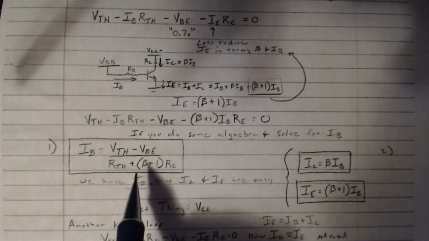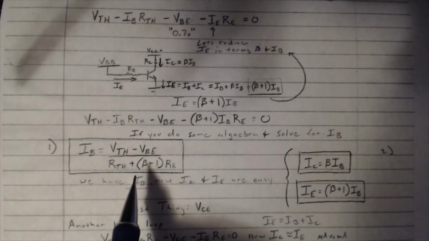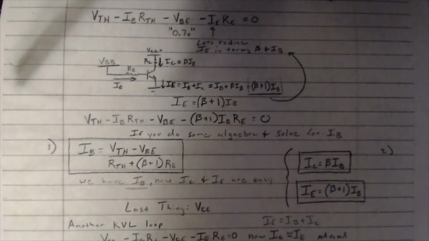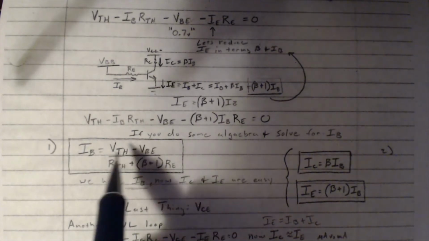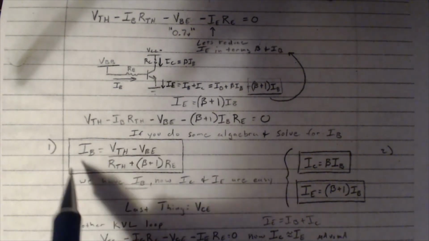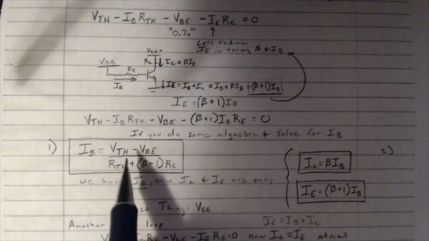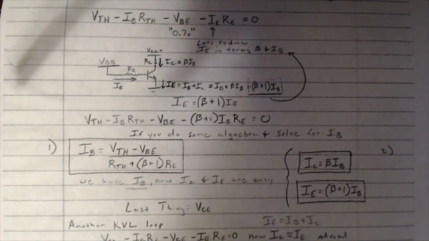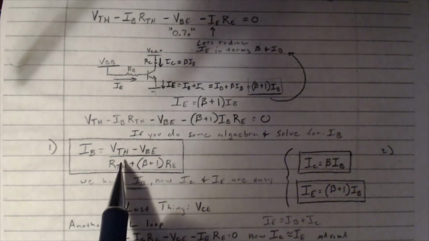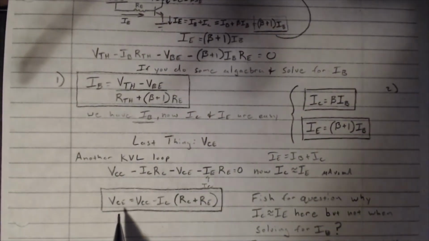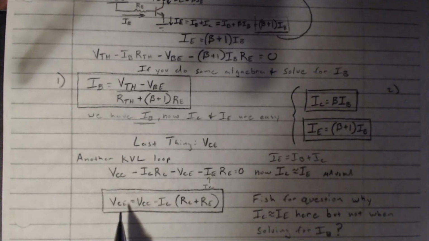So we can't ignore the difference between IC and IE when solving for IB. We can't make that approximation when solving for the base current. But we can when we're solving for the collector emitter voltage. Okay?